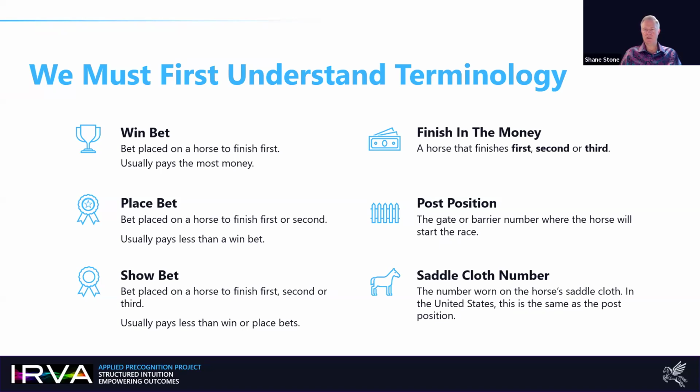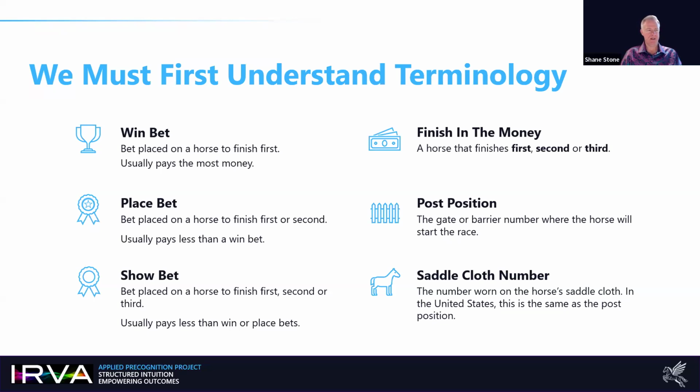Each of the horses has a cloth that sits under their saddle. That cloth has a number on it. In the United States, that number is the same as the post position. For the Australian races, that number is based on a draw that happens sometime prior to the race.